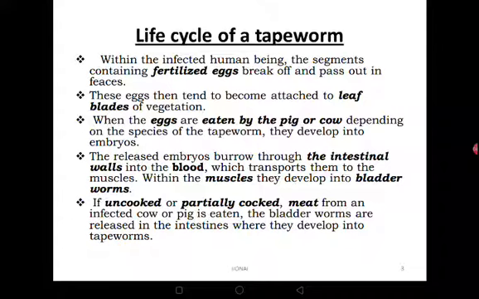You've seen people buying meat along the way. Sometimes it is not fully roasted. Or at home when it is not fully cooked, and these bladder worms are not dead, the chances are high that you can take into your intestines these bladder worms that will eventually become the tapeworms.